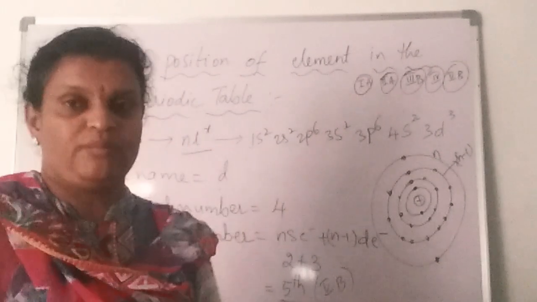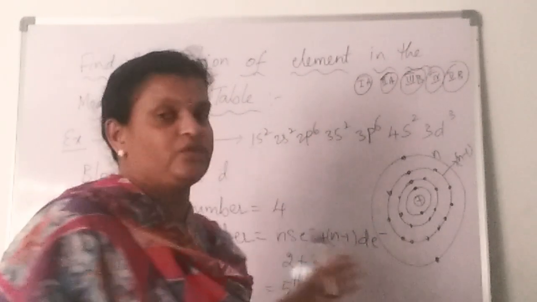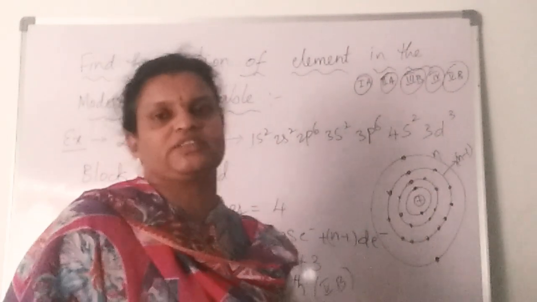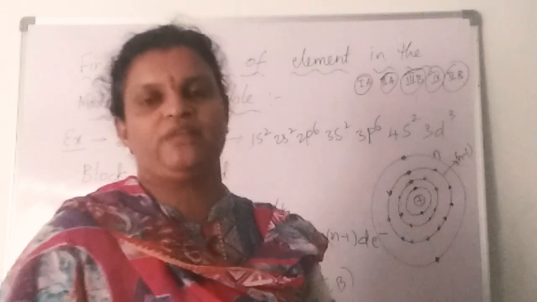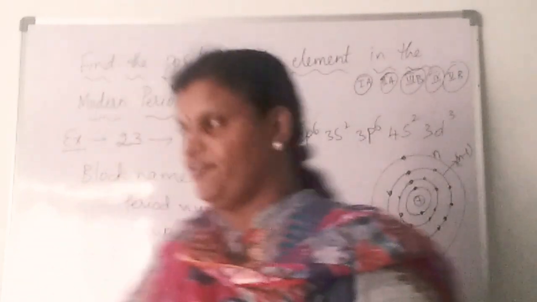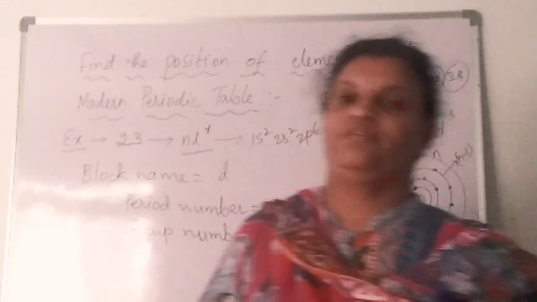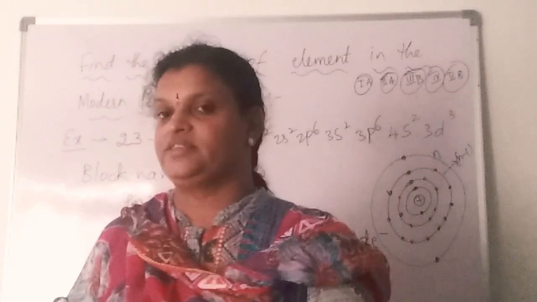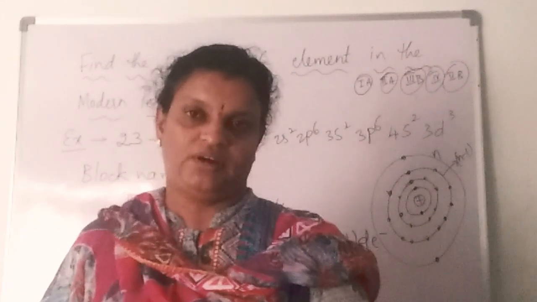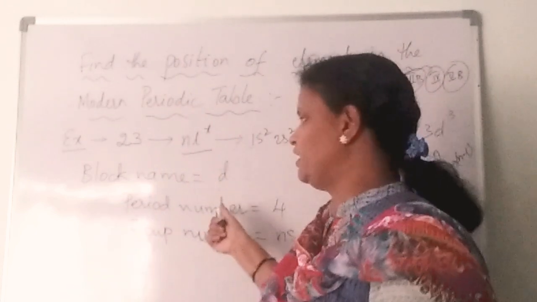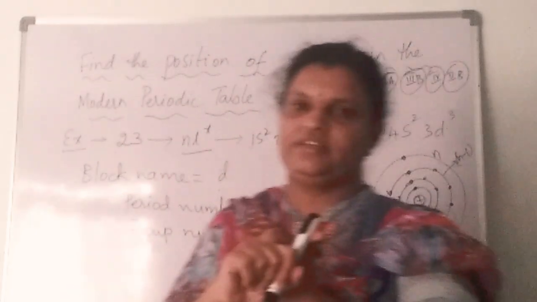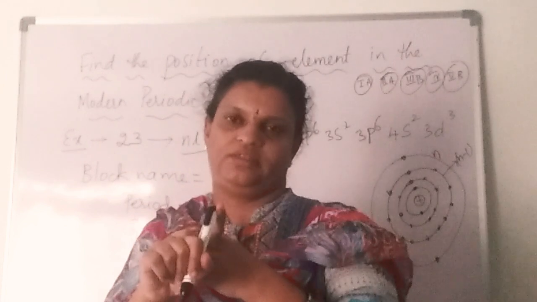If you know the atomic number, you are able to write the electron configuration, then its position we can say easily. Then what about an element present in the F block? F block means, by seeing the differentiating electron in the last shell, if it is entering into the F orbital, you can write that the element is present in the F block. Then how to write the period number? It may be present in either the 6th or 7th.